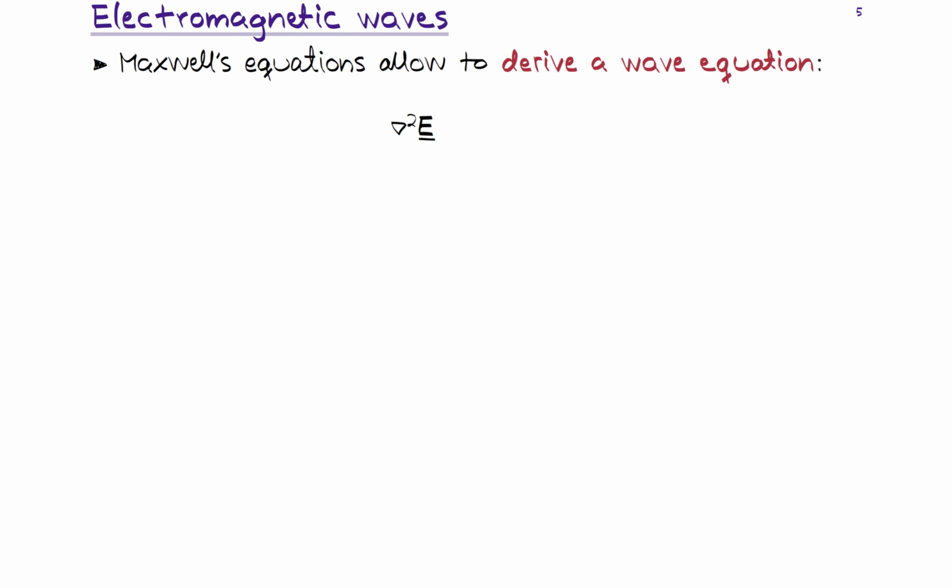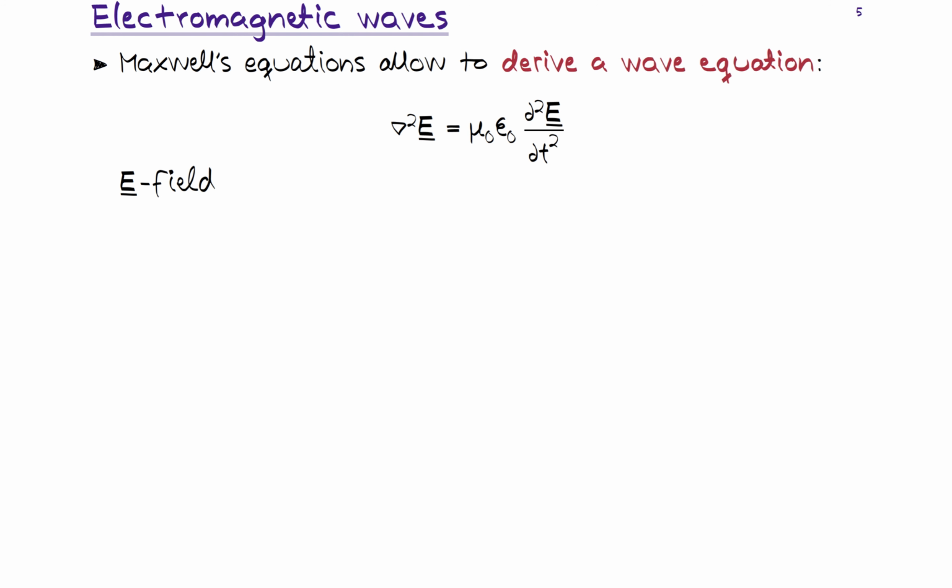But we calculate the second nabla, the Laplacian, on the electric field, and this is equal to the vacuum permittivity epsilon naught times the vacuum permeability times the second partial time derivative of the electric field. So this is the wave equation in the three-dimensional case and for a vector field.